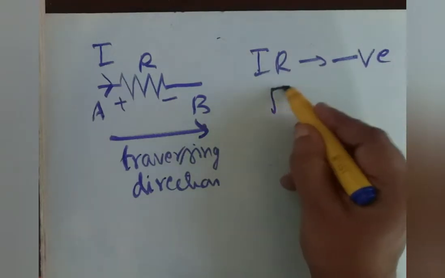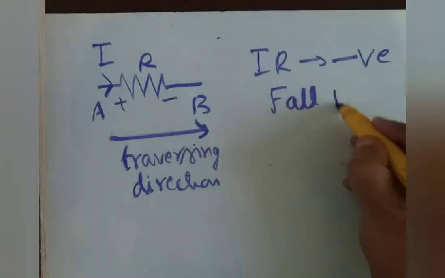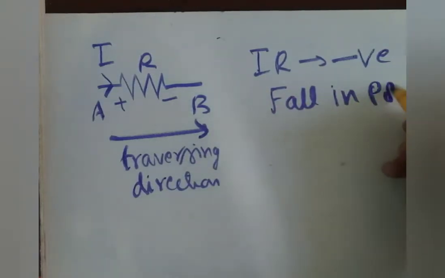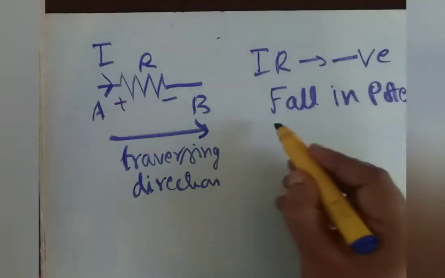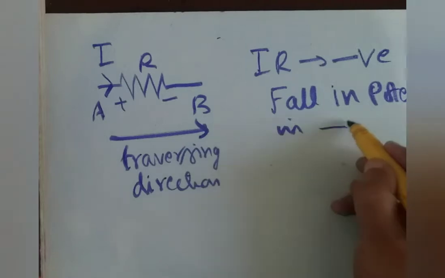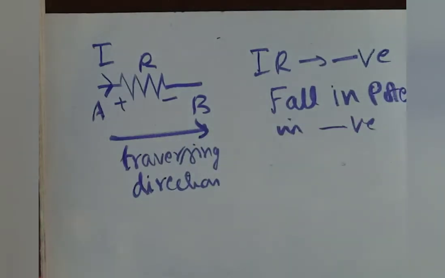The simple thumb rule is that a fall in potential is taken as negative.